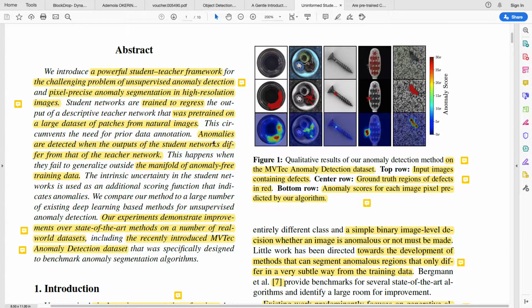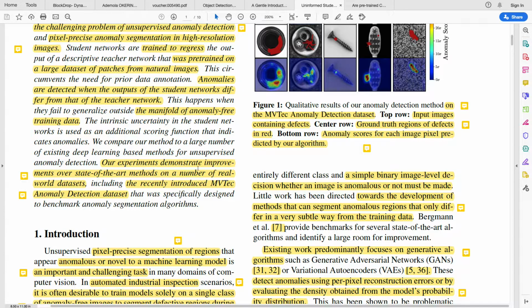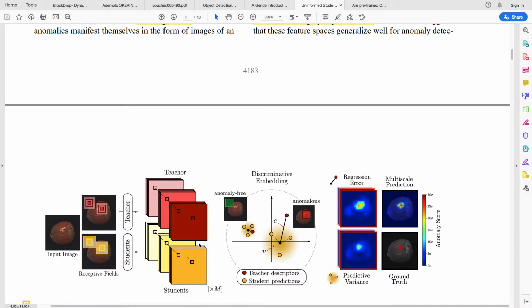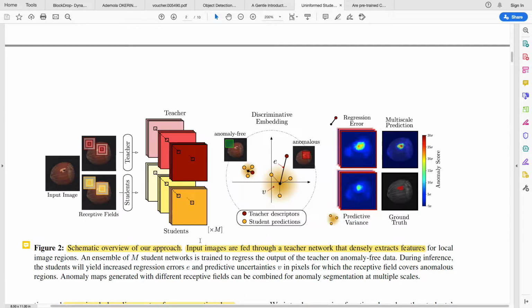So now the anomalies are detected when the output of the student network differs from that of the teacher network. And they demonstrated improvement over state of the art in a number of data sets, the CIFAR-10 and the MNIST, and also on this data set MBTech. Alright, that's essentially what the work is.